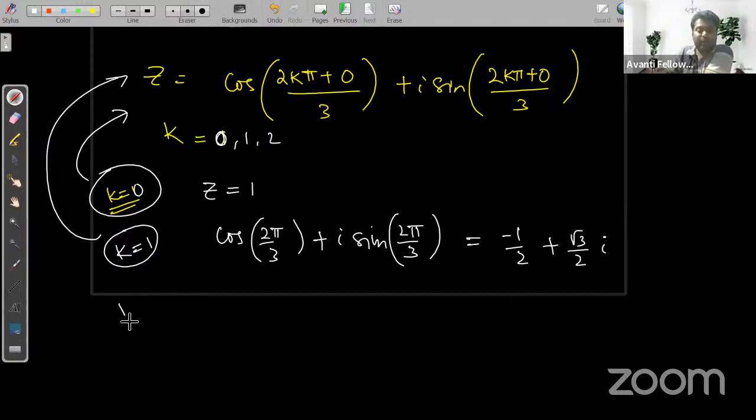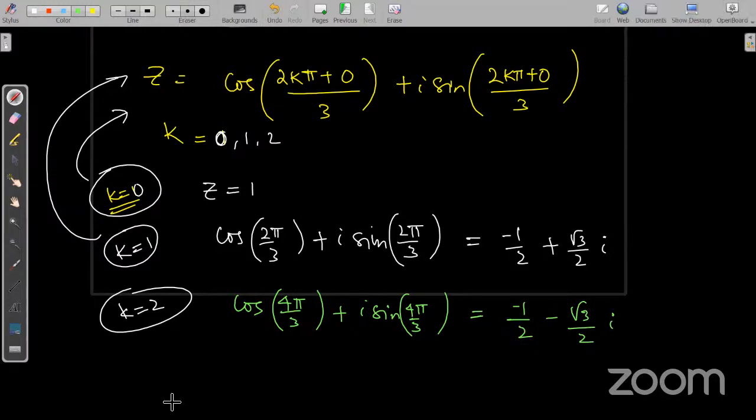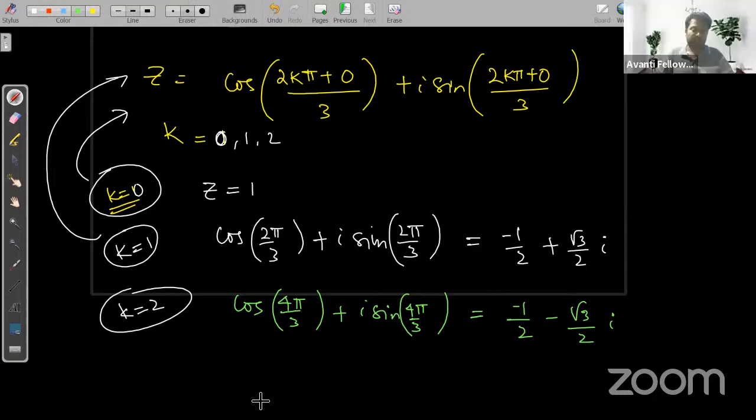And if we put k is equal to 2, we are getting cos of 4 pi by 3 plus i sin of 4 pi by 3. So this gives you minus 1 by 2 minus root 3 by 2 i. Clear? Yes or no? Tell me.